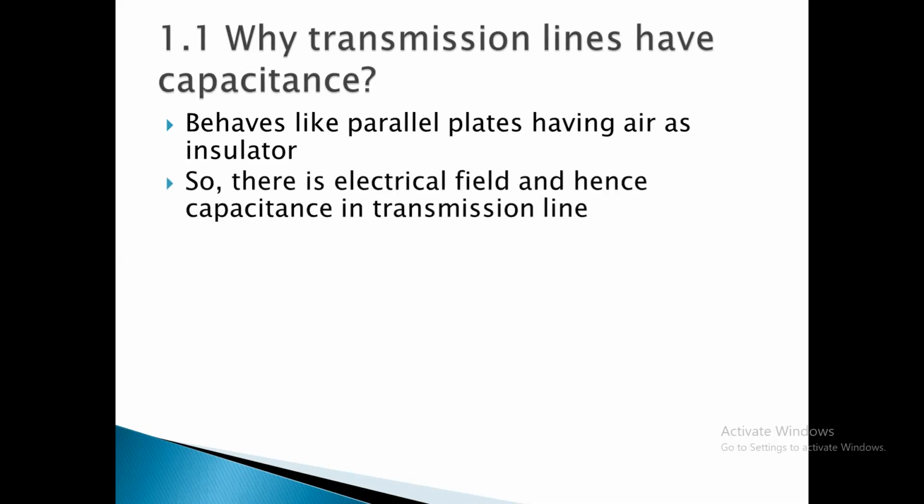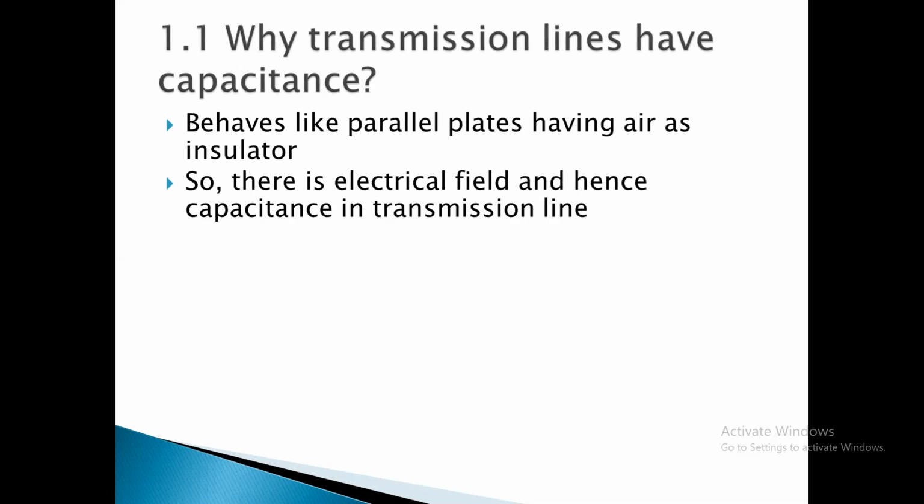There is an electric field generated when you place an insulator between two conductors; it will stop the flow of current, the flow of charge. So one plate will accumulate the positive charge, another plate will accumulate the negative charge. Between these two plates, current cannot flow. The insulator will stop the flow of current, so there will be an electric field.